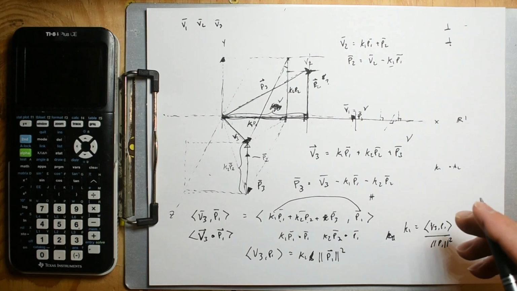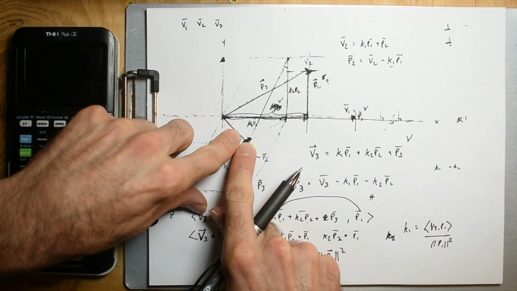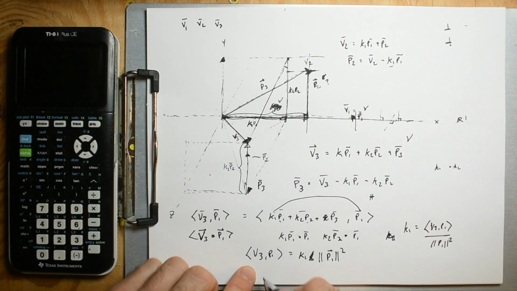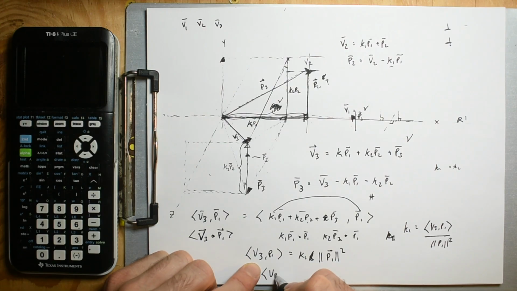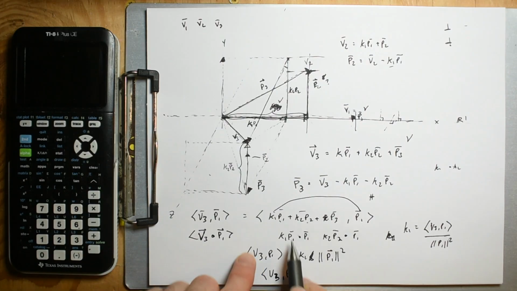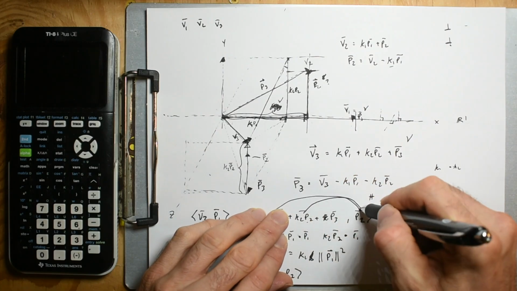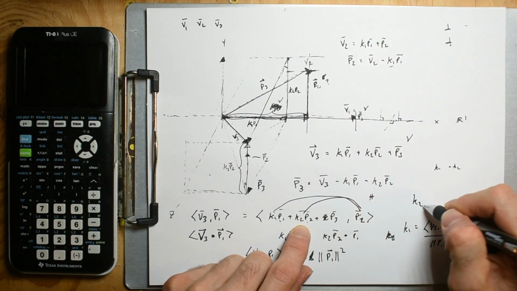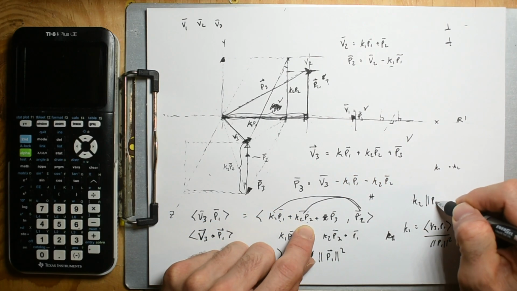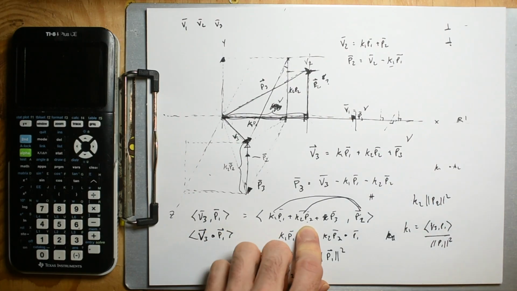And then we would do the same thing. We would dot V3 with P2. So you do the inner product of V3 with P2. And if I throw a 2 here, only this term is going to generate a value. And we got K2 and then the inner product of P2.